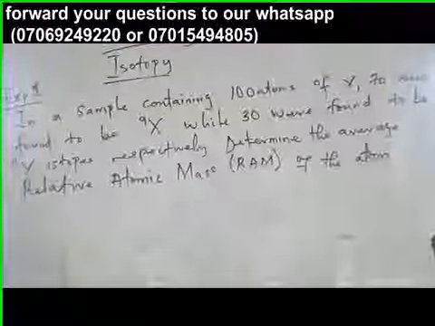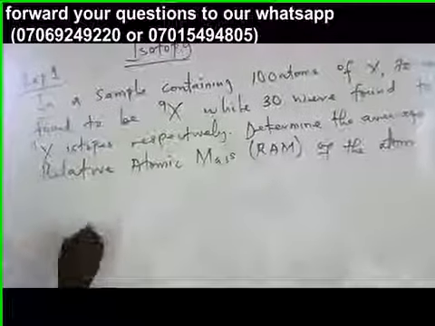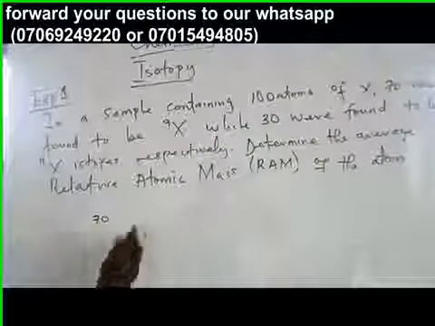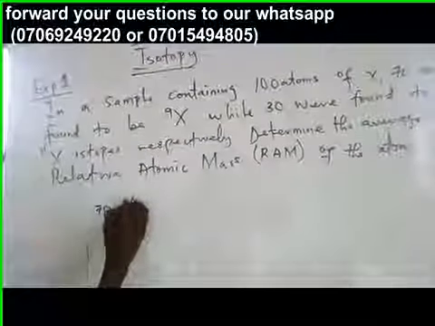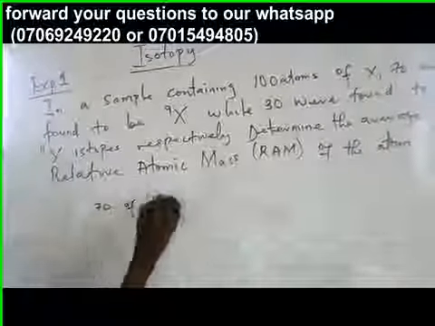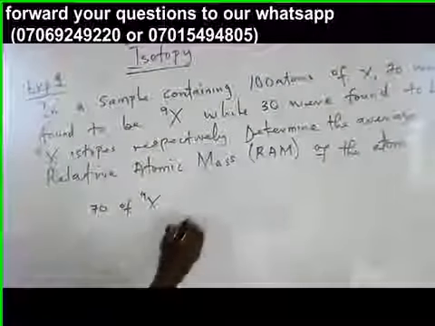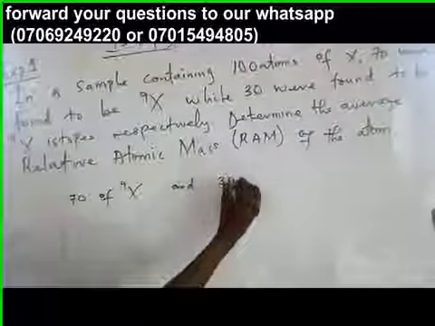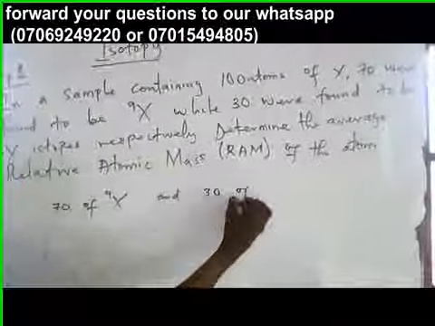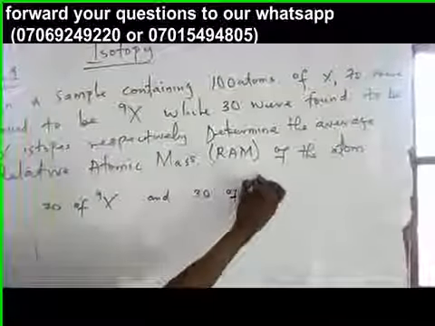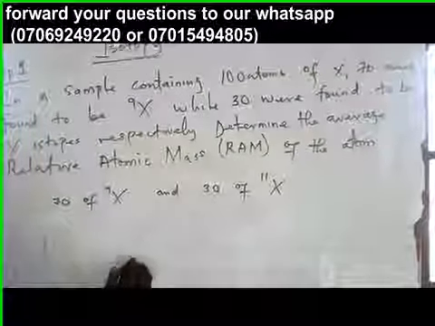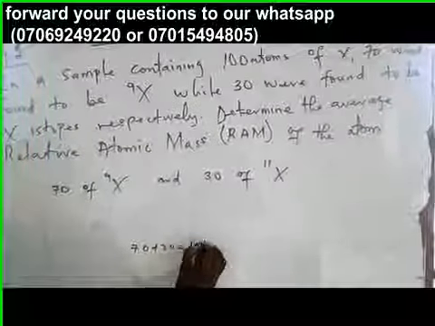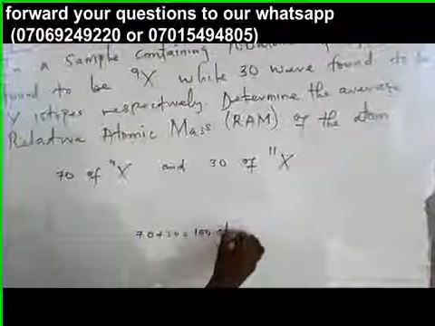From the information provided, we were told that we have 70 atoms of X9 and 30 atoms of X11. When we add the two together, 70 plus 30 gives us 100 atoms, as said earlier in the question.